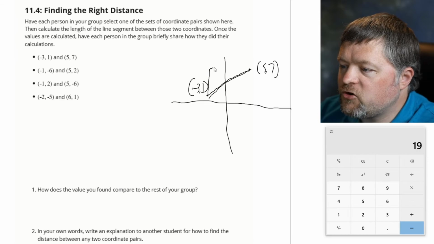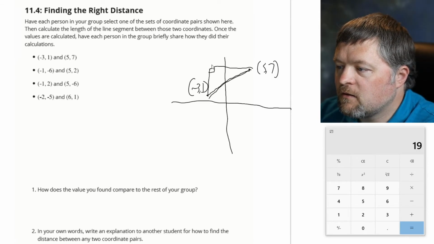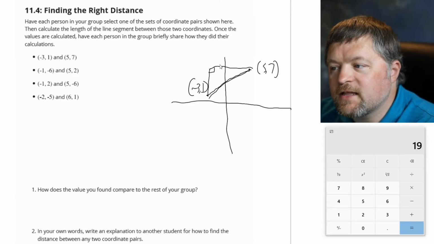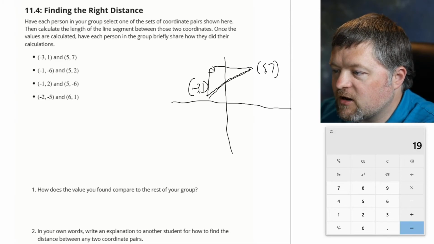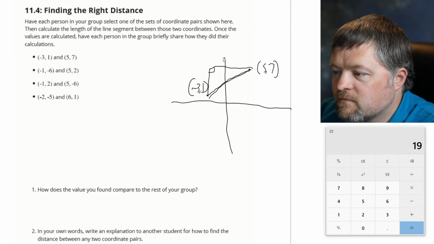So if we do our right triangle here, the length of this side, we went from -3 to 5. We just need to find the distance between those. So the distance from here to here horizontally is 5 subtract -3. What's 5 subtract -3? That's 8.